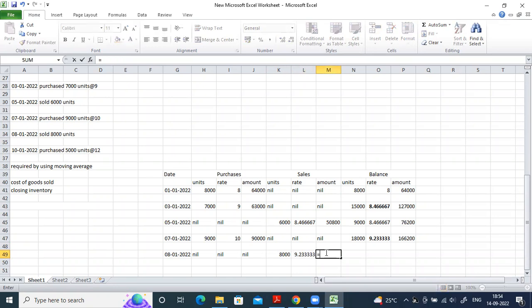The amount will be 8,000 into 9.22333. Now in balance, what is the balance? 10,000. Perfect, very good. 10,000 at 9.233, and the amount will be computed.